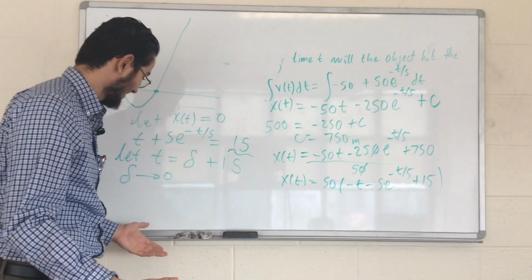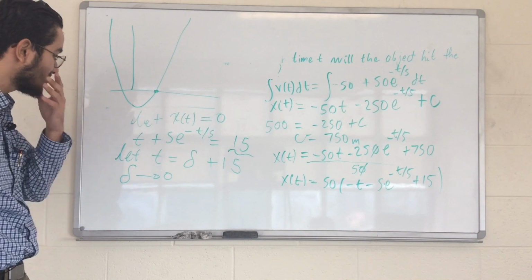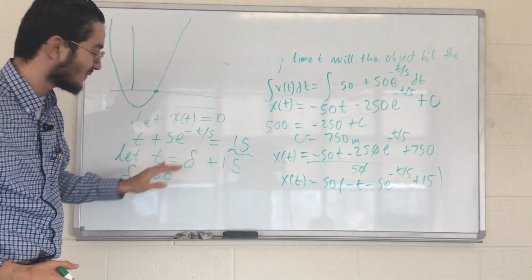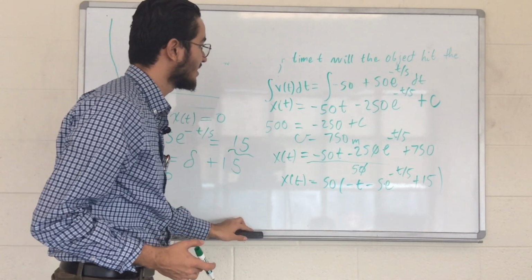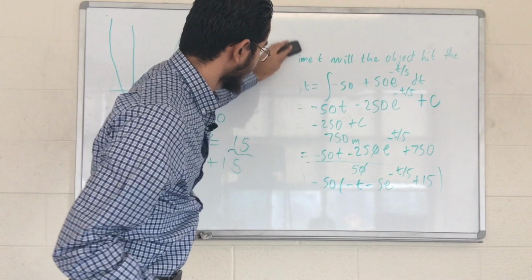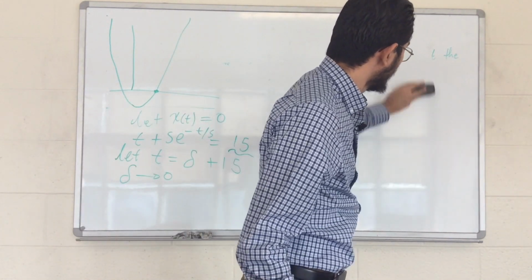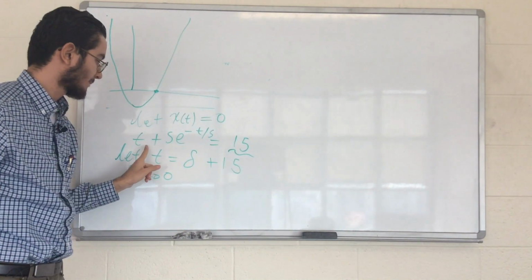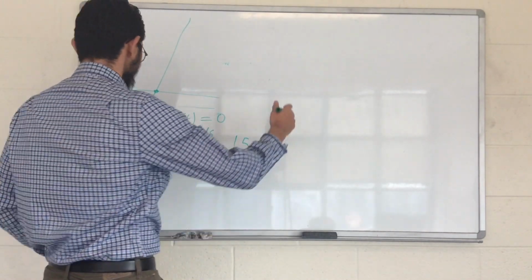How's that, right? Now, we're going to substitute this expression for t into our original equation and then solve and see what happens. So let's see what happens, okay? Over here we have t plus 5e to the negative t over 5 equals 15.